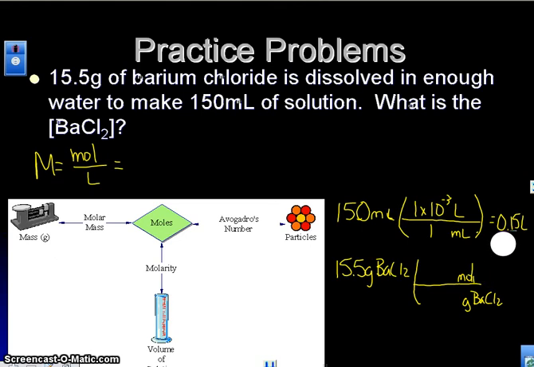Getting a little messy there. So moles of barium chloride. And so here we're going from mass to moles.